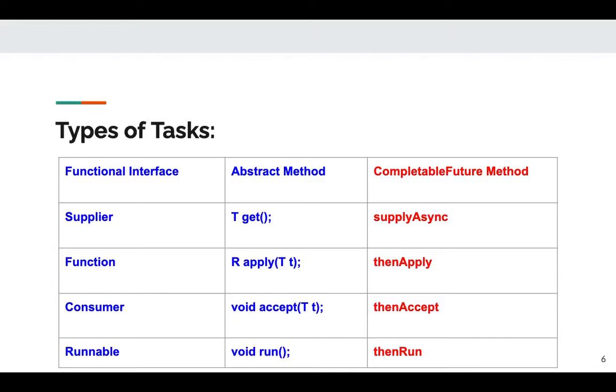Once again, we implement the accept method by using a lambda describing what we want to do with the input value, and in this case we pass this lambda to the then accept completable future method to get it scheduled and executed. So again, then accept is the higher order function in this case. And then of course we have the runnable, which we've always had, which is used when there is nothing to be passed or returned.